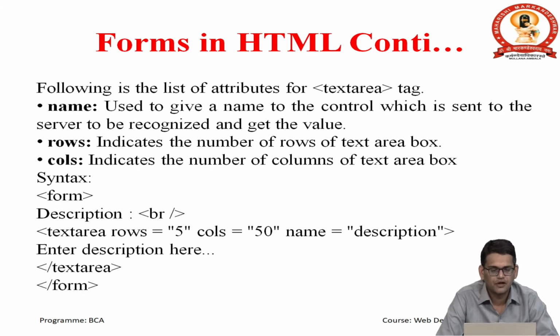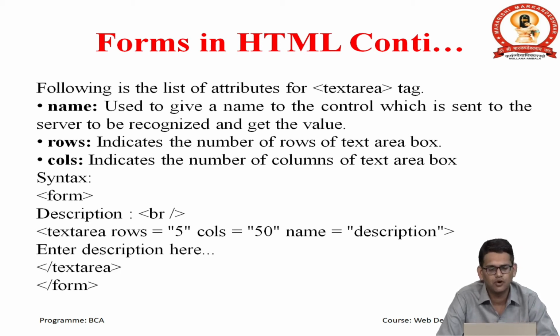Now what are the attributes for a text area? We already discussed the text field, and now we are going to discuss the text area. Similarly, name is used for the control which is sent to the server to recognize and get the value. Next one is rows. It indicates the number of rows in the text box, how many rows we require, 10 rows, 20 rows.